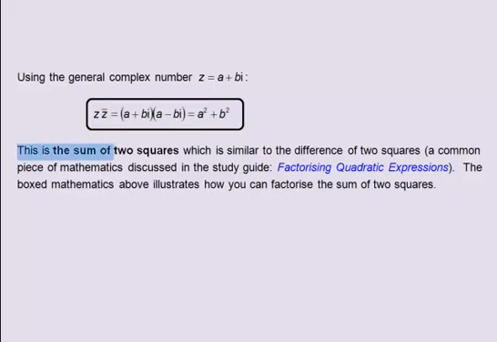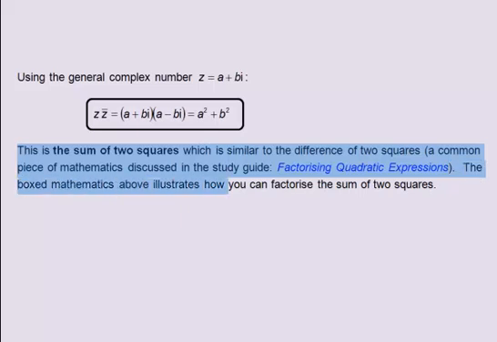This is the sum of two squares, which is similar to the difference of two squares, a common piece of mathematics discussed in the study guide, factorising quadratic expressions. The boxed mathematics above illustrates how you can factorise the sum of two squares.